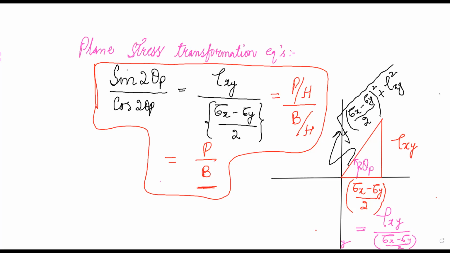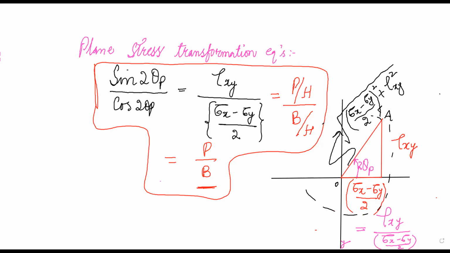Can you recall this from Mohr's circle? Now with this as a radius, if you change the value of theta p, what will it describe? I mean to say, keep OA as the radius and keep changing the angle of twice theta p. What will this OA describe? A circle.